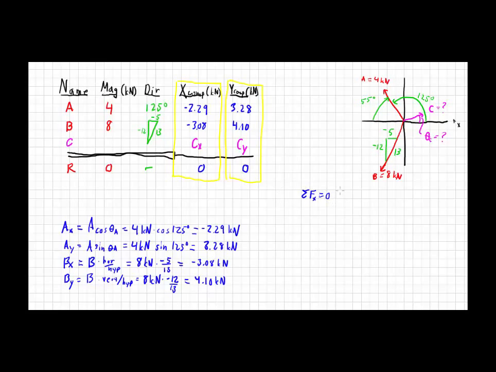That's our resultant. And those equal negative 2.29 kilonewtons minus 3.08 kilonewtons plus Cx, and all of that has to equal 0.